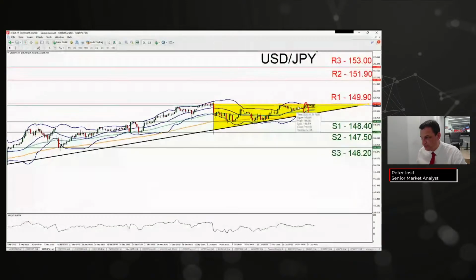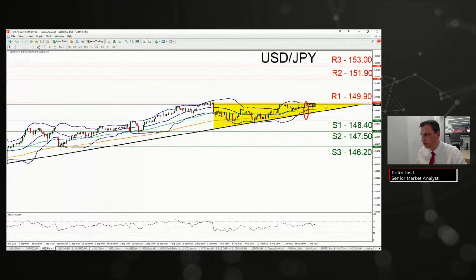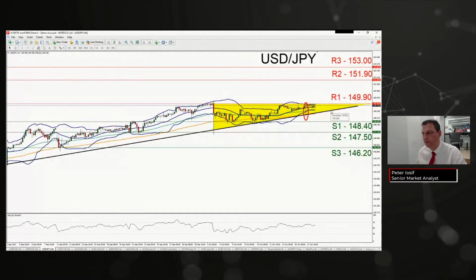On the other hand, should the pair remain in a sideways manner and stabilize, we would expect it to remain below the 149.90 and at some point actually even break the pre-mentioned upward trend line. Now for bearish outlook, however improbable that may be, it's still a possibility and it should be covered.